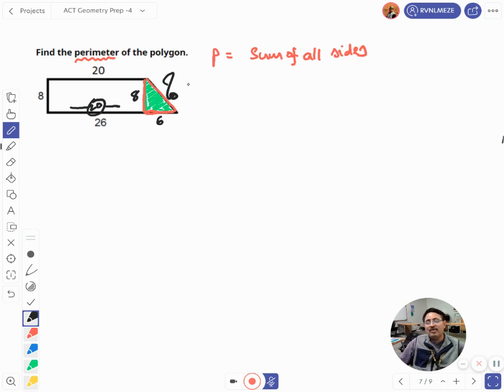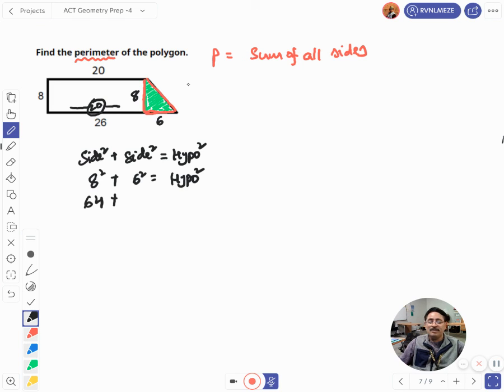Now, can you figure out what is the length of this one? Yes, you can, using Pythagoras theorem again. By Pythagoras theorem, side square plus side square equals hypotenuse square. One side is 8, the other side is 6. Therefore, 8 square plus 6 square is hypotenuse square. 8 square, again I'm reminding you, is not 8 times 2, it is 8 times 8, 64.